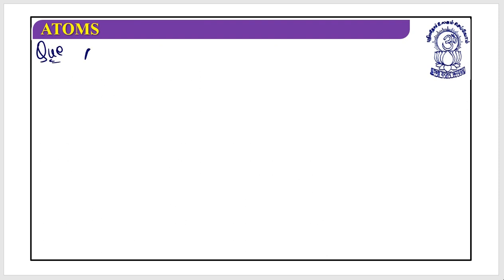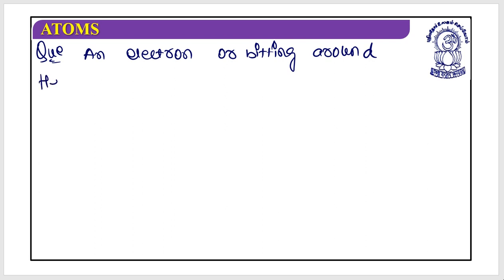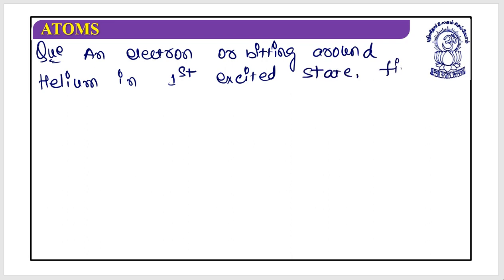Let's suppose they have said that an electron orbiting around helium in the first excited state, find out its potential energy, kinetic energy, total energy, binding energy.